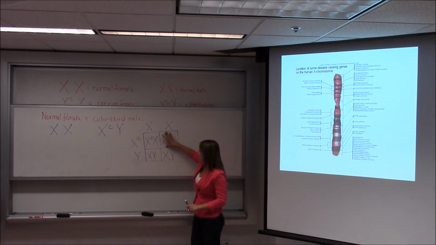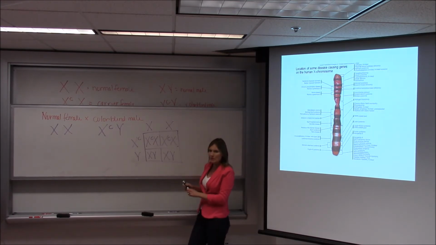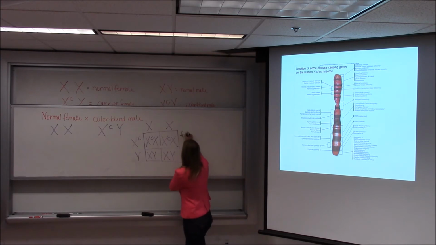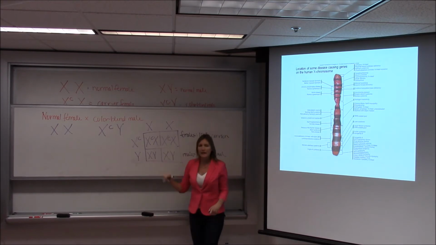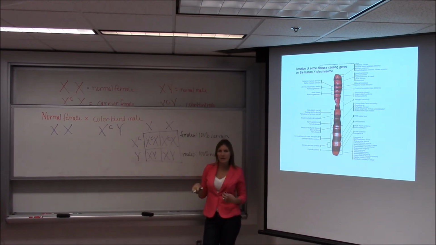These are all our females, right? XX babies are females and XY babies are males. So these are our female offspring and these are our male offspring. So females, 100% carriers. Males, 100% normal. So even though dad had color blindness, none of the male offspring have it, but the females are carriers.